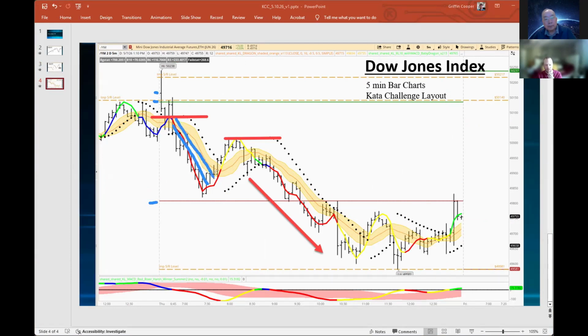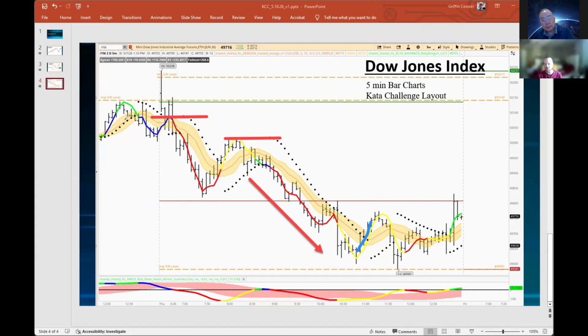You wait for the first move, and when it pulled back, it was clearly making this lower high. That's what's known as a collapsing dragon or a kata 2 short, where you could get in somewhere around here, and then you could see just a great move. It went down to yesterday's low, and then all the way through that. By this time, you're up a couple R, and you can get an exit when it crosses back over the dragon.